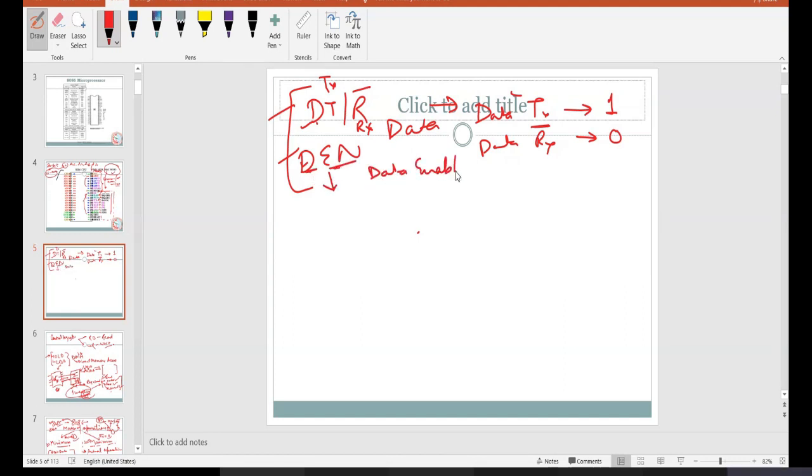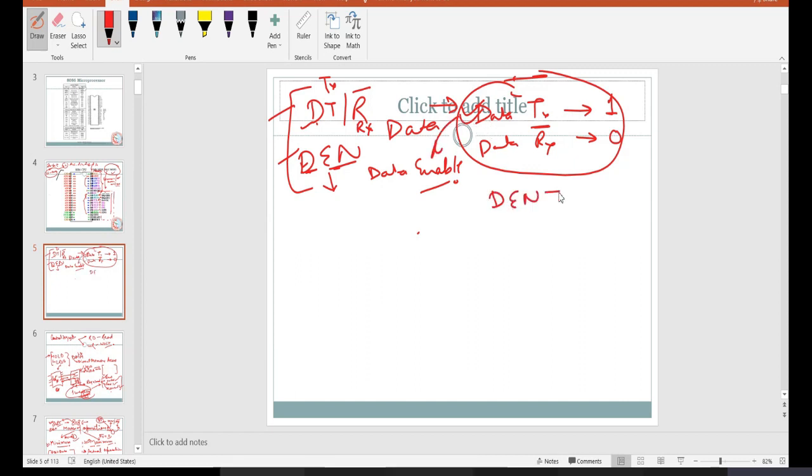Next is data enable. Data enable works in conjunction with this DT oblique R bar. What we need to transmit, first, the data should already be available to us so that we can transmit. So before doing the data transfer, the DEN should always be 1.